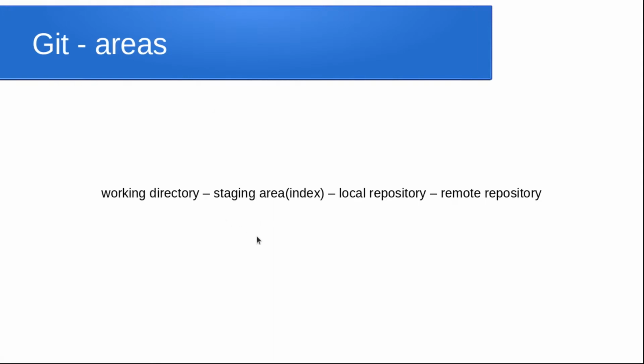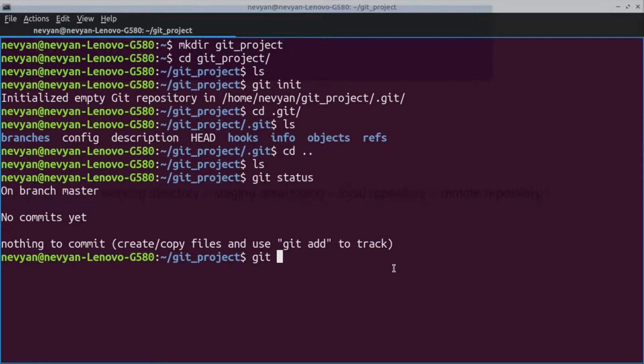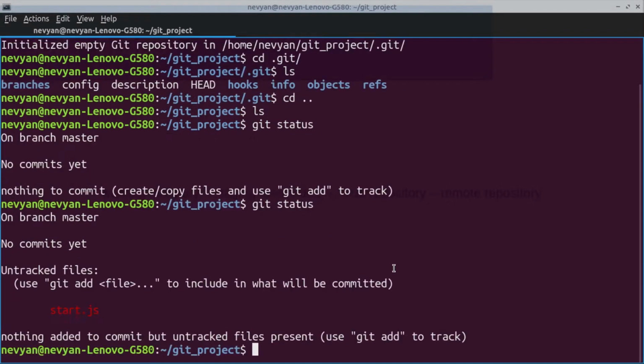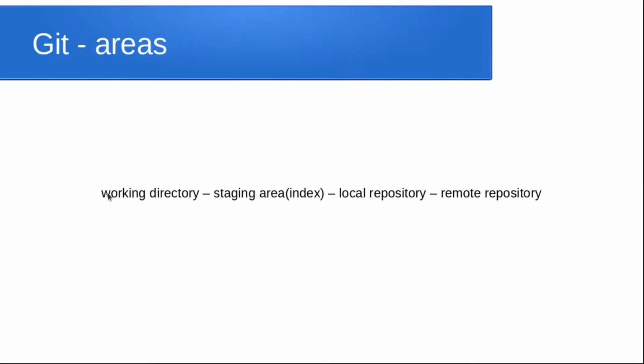Let's open the terminal. When we type git status, we see that we are advised that this start.js, the new file that we created, can be added to the staging, our index area. So visually, we are in the working directory and we are trying to add the file to the staging area.